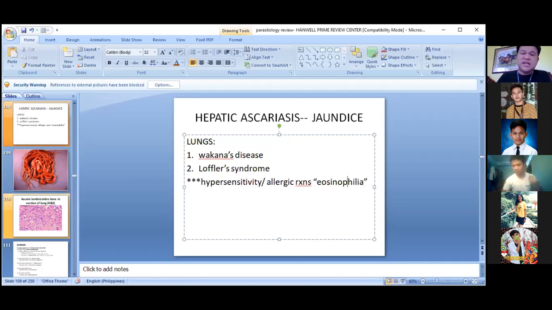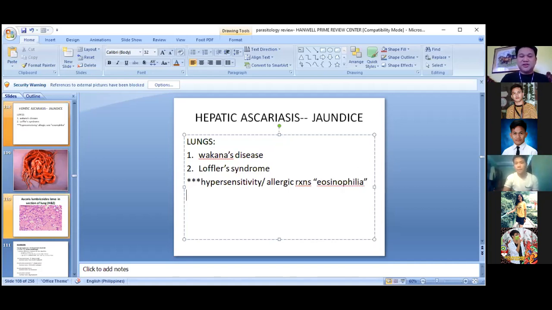So Wakana's disease and Loeffler syndrome talk about hypersensitivity or allergic reactions. Why is there going to be hypersensitivity? Because of the movement of the parasite to that part of the body. Naintindihan? So there would be adverse reactions, manifested through hypersensitivity. Dahil sa movement niya, magkakaroon ng parang allergic reaction yung pasyente.